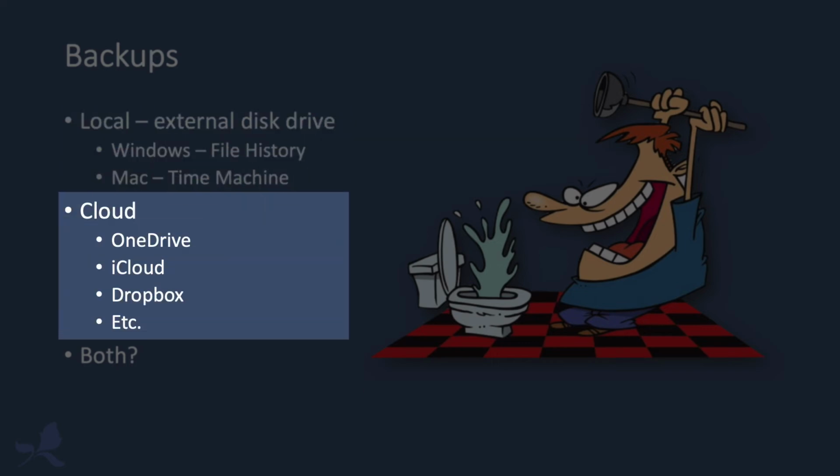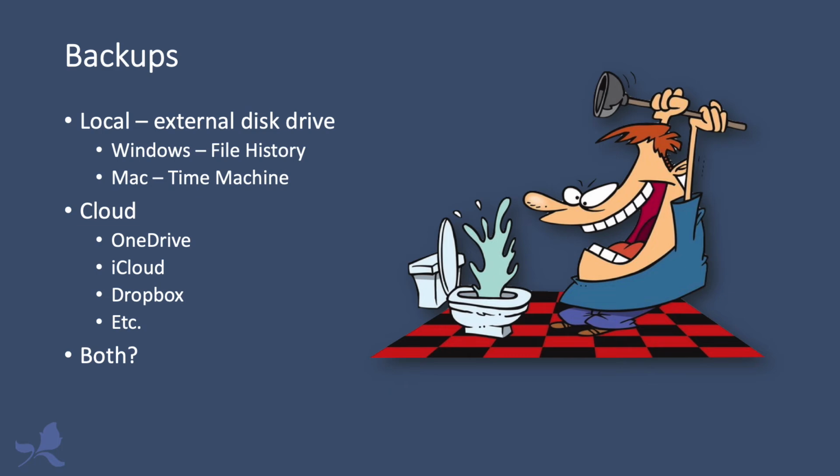Or you can keep them on the internet by using Microsoft's OneDrive, Apple's iCloud, Dropbox, and so on. I use both methods, so even if my house is destroyed along with my files, they'll still be available on the internet. And yes, it's safe to use online storage for your documents.